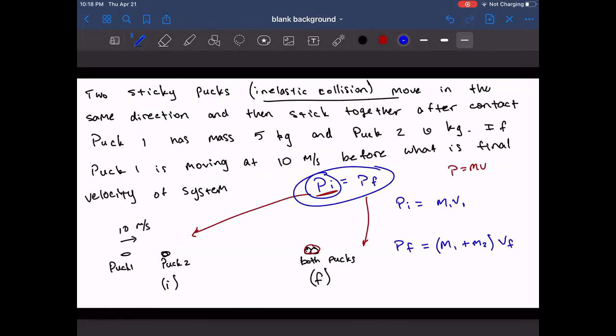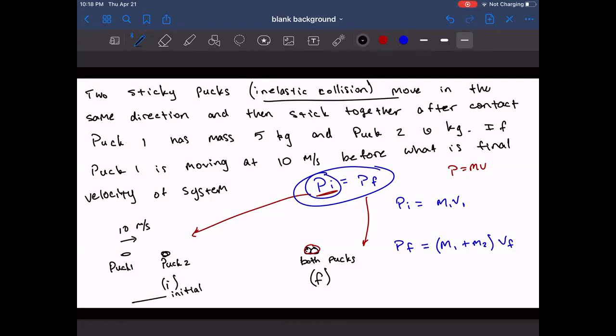So if I go here, I literally just covered the paper with my hand to try and take that away. Okay. Two sticky pucks, an inelastic collision, move in the same direction. So you draw your picture. You get in there and you say, okay, these are two pucks, right? This means the initial momentum.